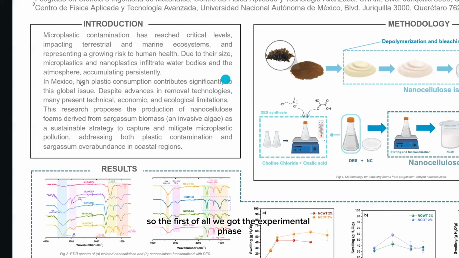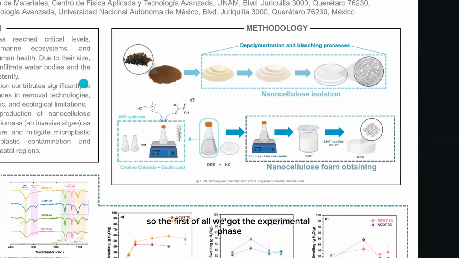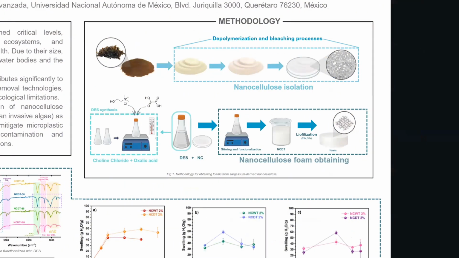So, first of all, we have the experimental phase, and it begins with extraction and isolation of nanocellulose from sargassum. This involved depolymerization and bleaching processes to obtain the purified nanocellulose.